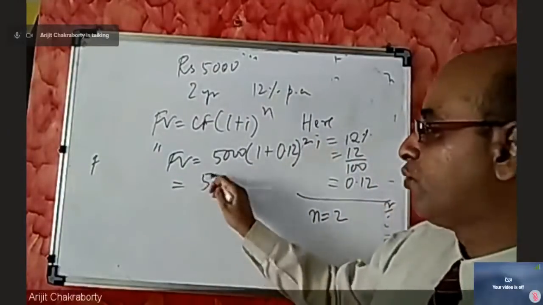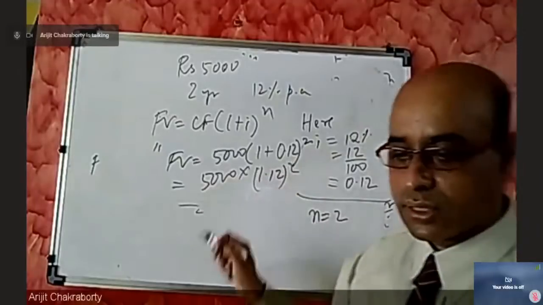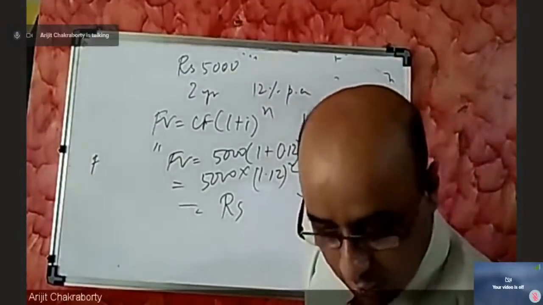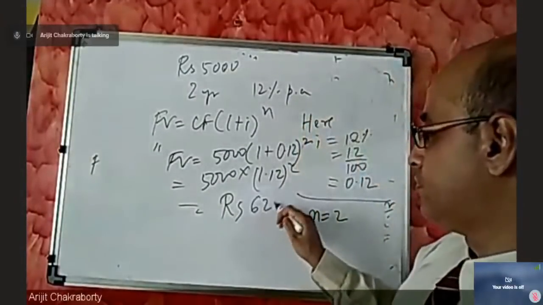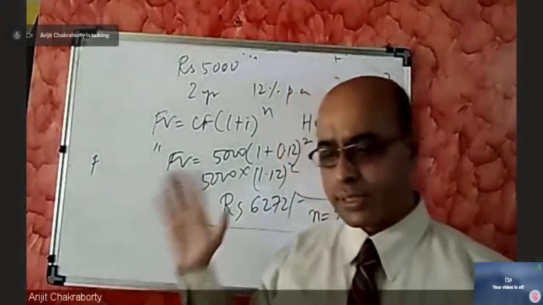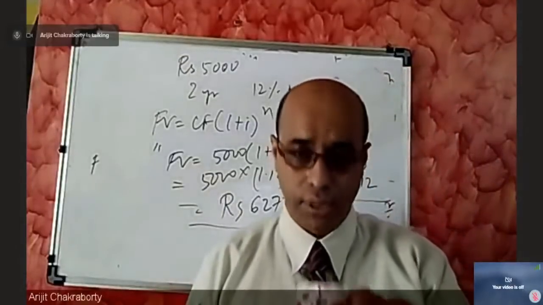So this gives me 5,000 into 1.12 square, which approximately comes to rupees 6272. So this is the future value. This is a past exam question which came in one of the CA Foundation exams.